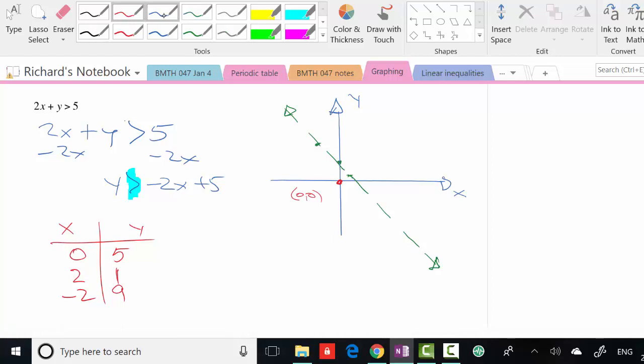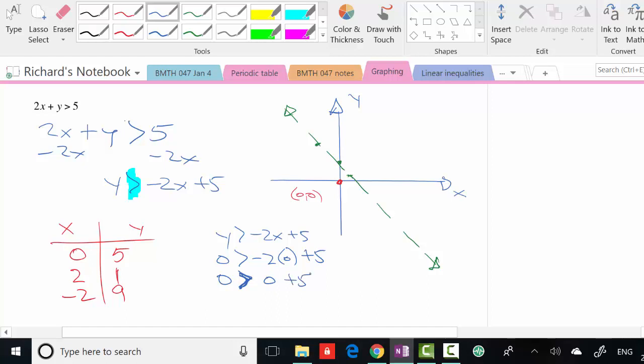So here we go. The inequality is y is greater than negative 2x plus 5. Now I'm going to put in the values of my test point. Y is 0, minus 2 times x is 0, plus 5. Well, anything times 0 is 0, so this becomes 0 plus 5. 0 is greater than 5.